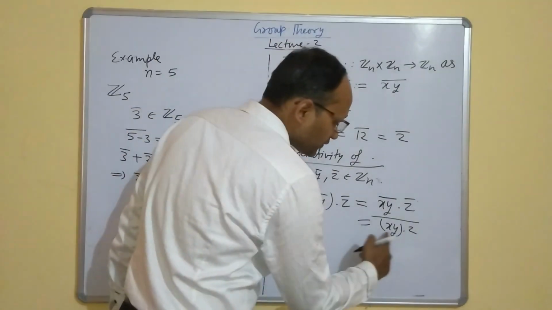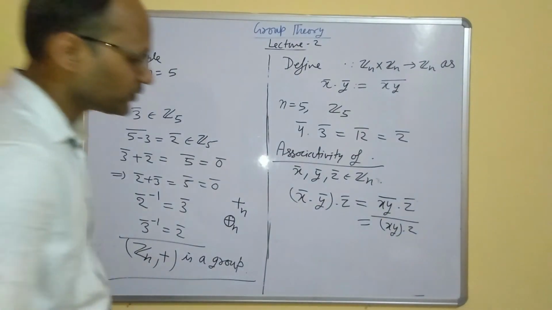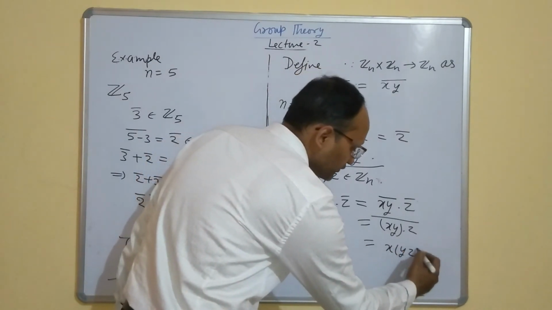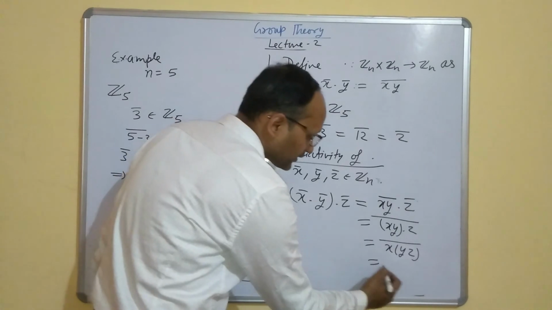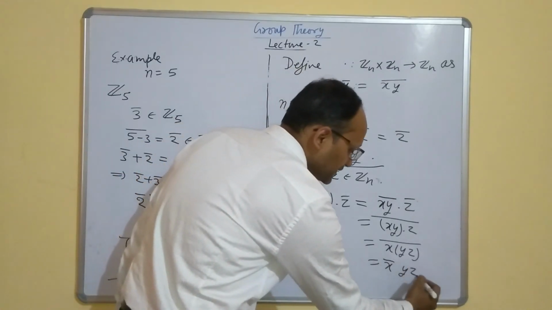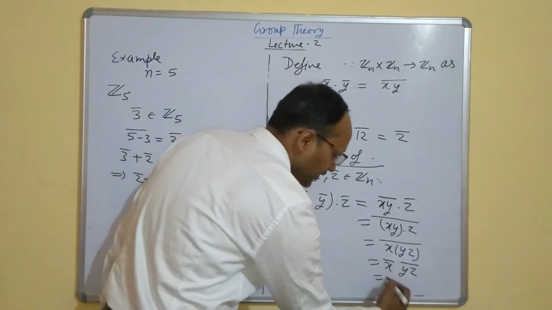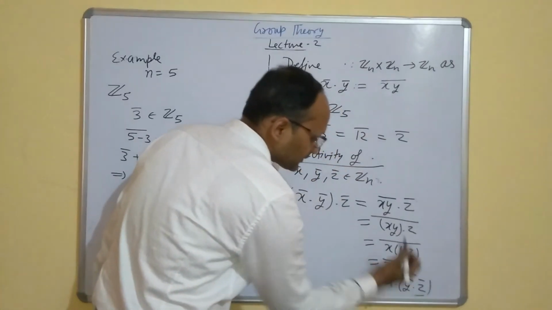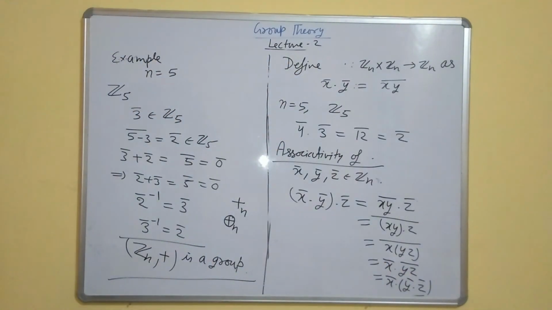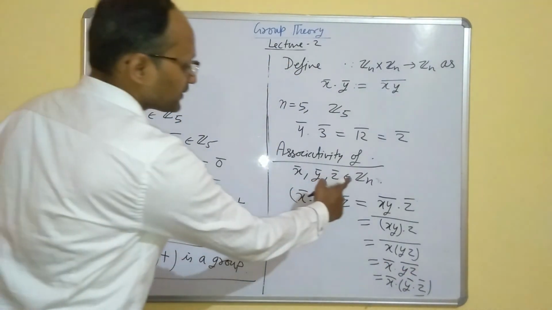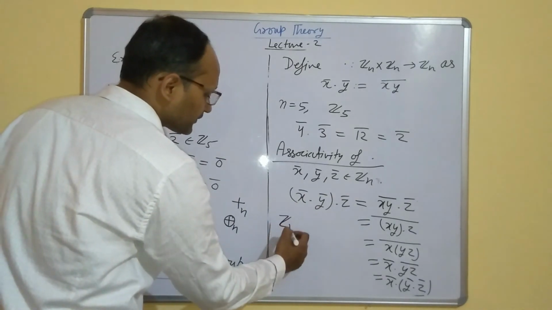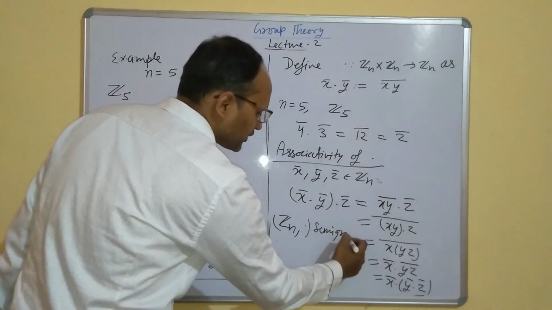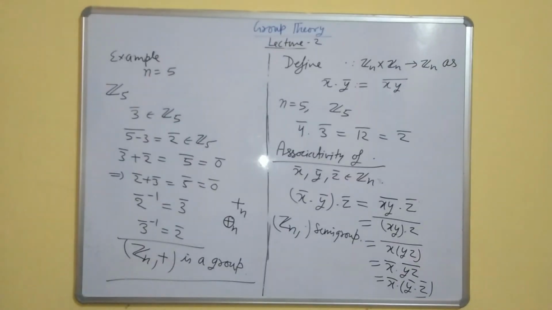But this is the multiplication of integers, and multiplication of integers is associative, so we can write it as x bar yz whole bar, and this is x bar dot y bar dot z bar. So it means Zn with dot is a semigroup because this operation is associative.